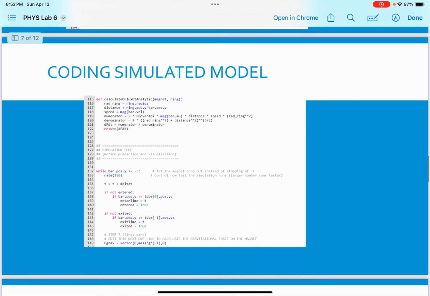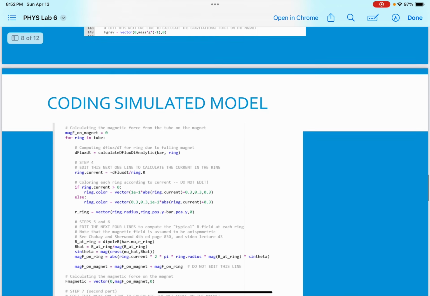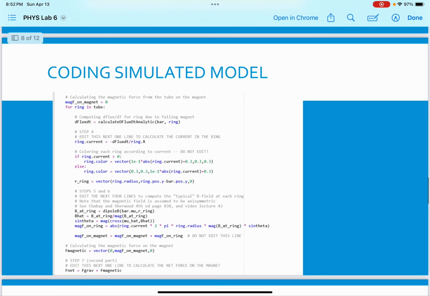We also have defined this function that uses Faraday's law to calculate the rate of change of flux. This is what we have at the top of the image on the slide, and also we have another function that starts defining forces. First we have the gravitational force, and then we also define the magnetic force that is exerted on the magnet, and we add them both up to get the net force.